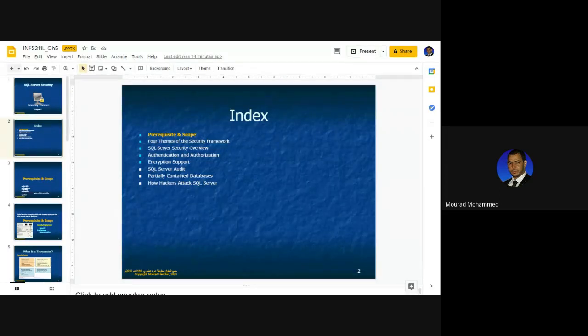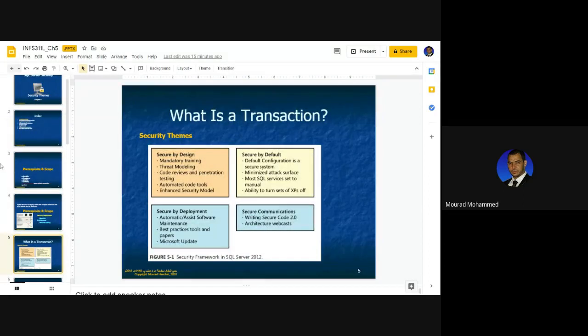The 4 themes that we start with are the designs via which the security is being set. Either we are talking about a theme to secure by design, or a theme to secure the SQL Server using the default architecture, the default predefined methods, the default utilities available from within the engine. The engine here is the SQL Server.